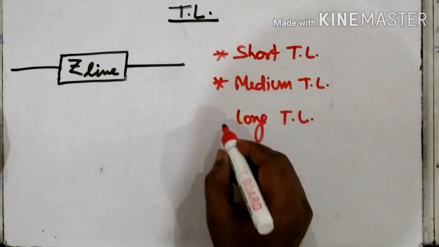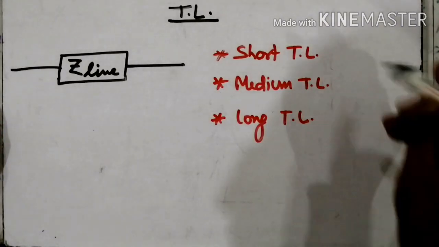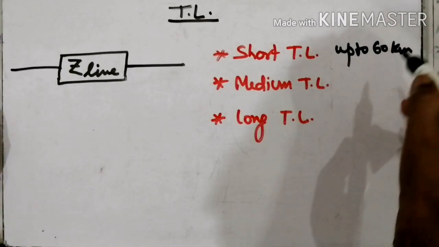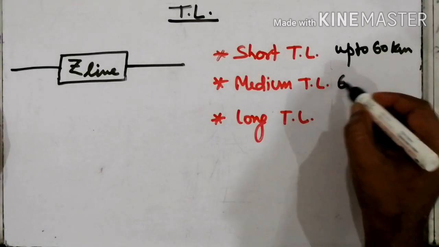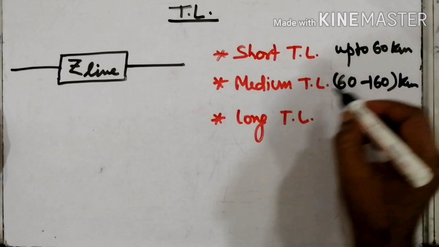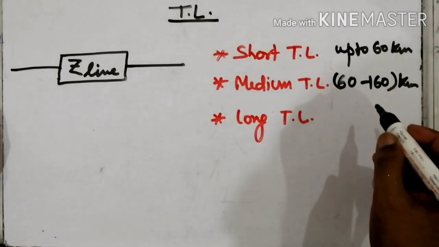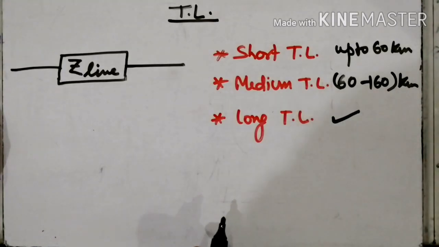These are the three types. Up to 60 kilometer it belongs to the short transmission line. In between 60 to 160 kilometer it is medium transmission line. Beyond 160 it is long transmission line.